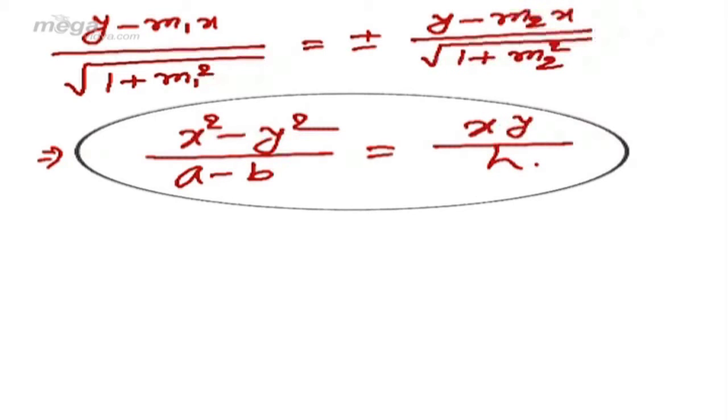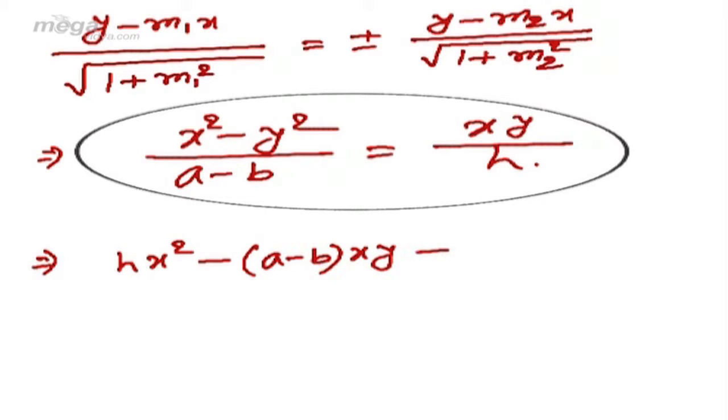Now student, if you simplify it, then what will you get? See, by cross multiplication, you will get hx square minus (a minus b)xy minus hy square is equal to 0.